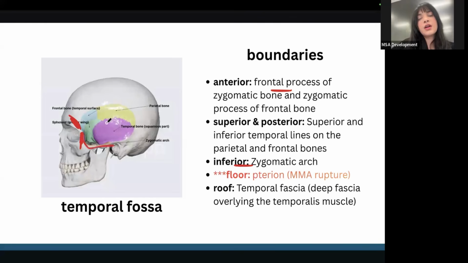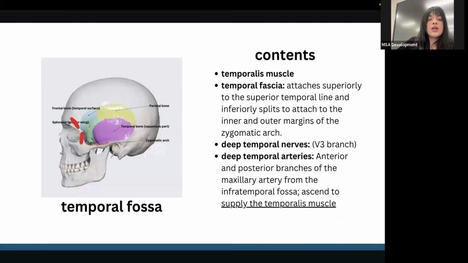And the pterion, if you recall, was the area of epidural hemorrhage, where the middle meningeal artery ruptured, and it was a very disastrous event. Then you have the roof, the temporal fascia, deep fascia overlying the temporalis muscle. So at the bottom you have the bones, and on the top you have the fascia overlying.